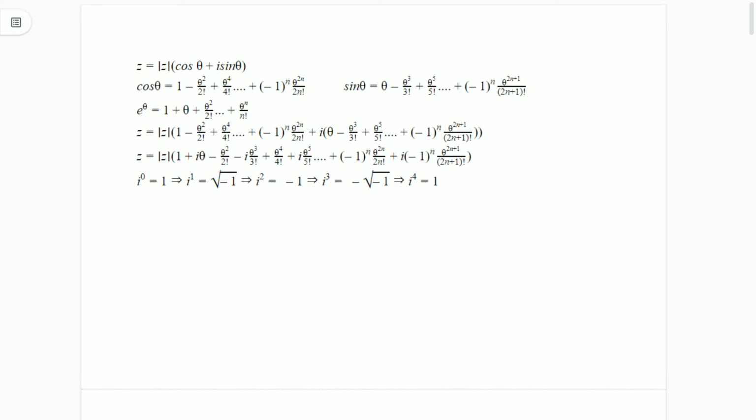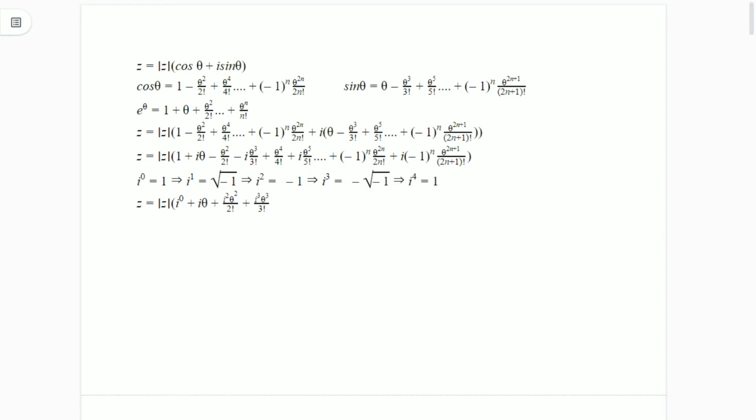Knowing this, we can now rewrite the expression as modulus of z times, in brackets, i to the 0, because we know that 1 is equal to i to 0, plus i times theta, because that's what we had in our last expression. Now the next two terms are negative, so we can replace the negative with an i squared.